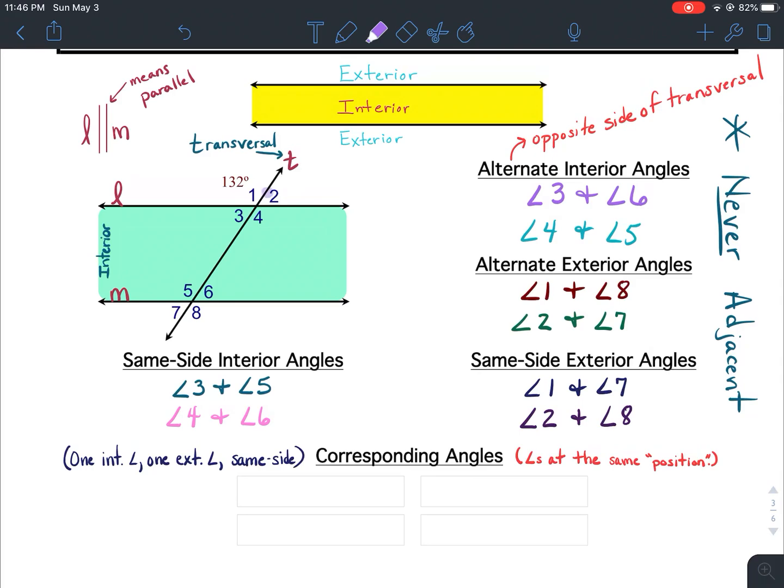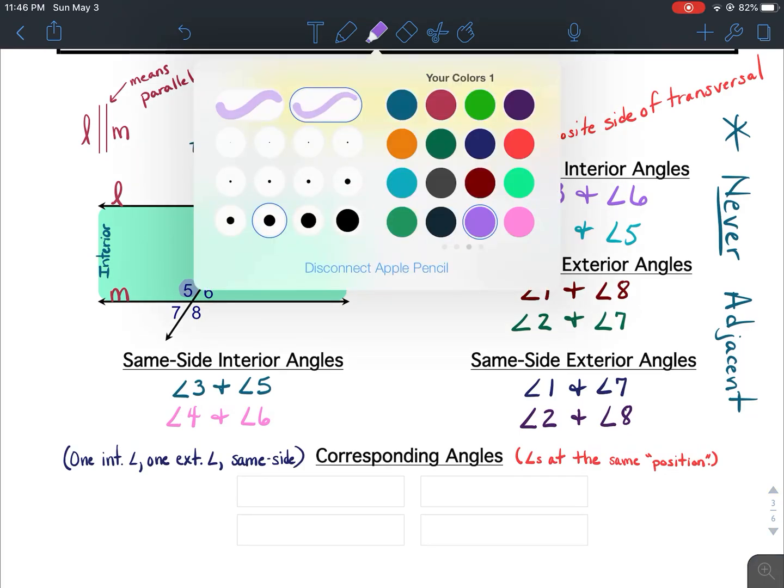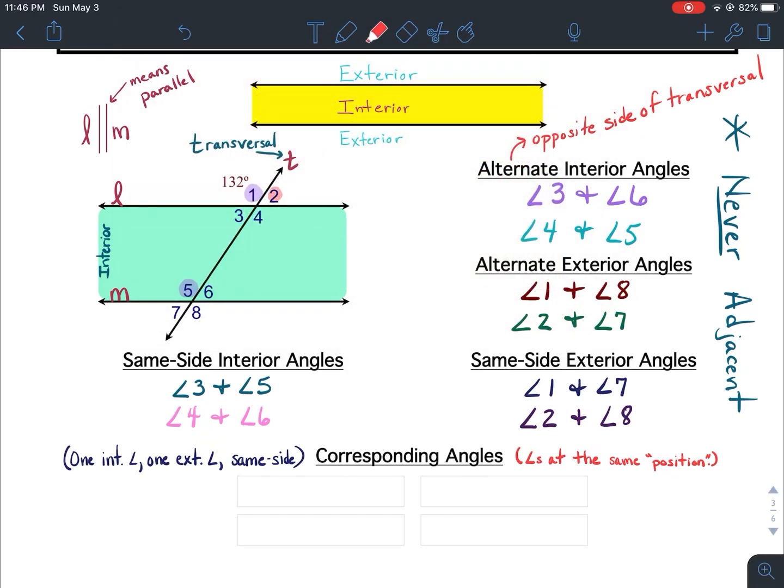Okay, so if you look at these four angles, and you look at these four angles down here, all right, up here, angle 1 is in the same position as angle 5. That means 1 and 5 are corresponding angles. Angle 2 and angle 6 are in the same position.